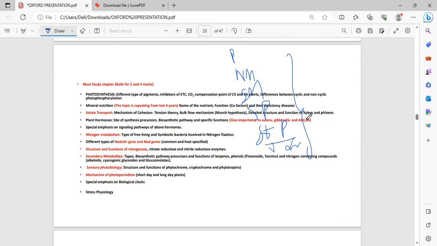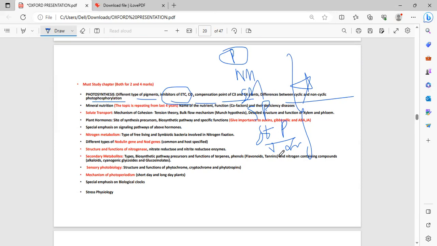Every topic is most important. Under photosynthesis, we study what are the pigments involved, and next, what are the inhibitors of ETC, CO2 composition, and pathways, that is C3 and C4 pathways, and what are the differences between the cyclic and non-cyclic photophosphorylation.